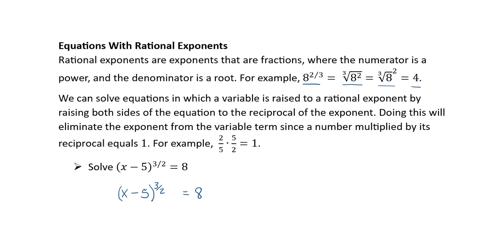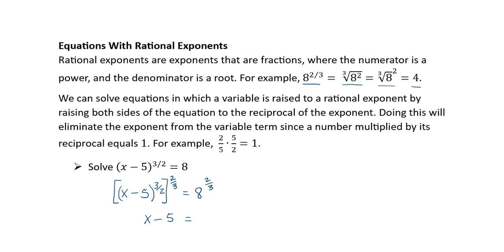The reciprocal of 3/2 is 2/3. So I can take this and raise it to the 2/3 power, and remember I'll need to do that for both sides. When you raise a power to a power, you multiply the exponents. And I know that 3/2 times 2/3 is going to equal 1. That frees up my x minus 5.